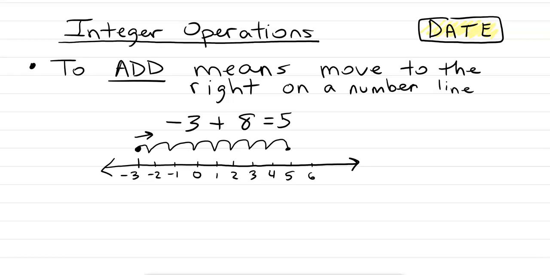Using a number line will always be a way you can work with adding and subtracting integers, especially when you have negatives and positive numbers. So using the number line that was given to you during class, try using the number line to add the following integers. 1 plus 8. -11 plus 2. -2 plus 6.